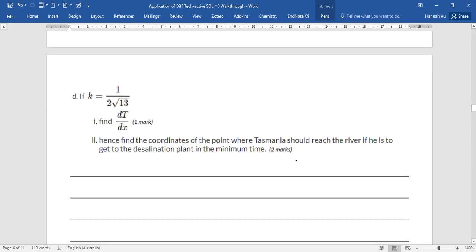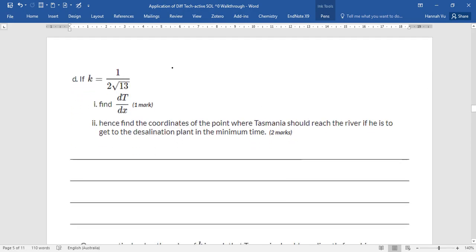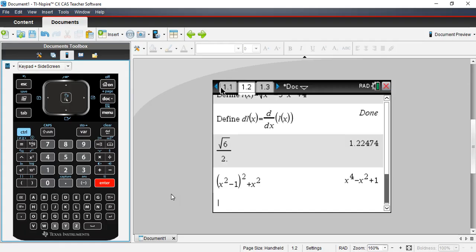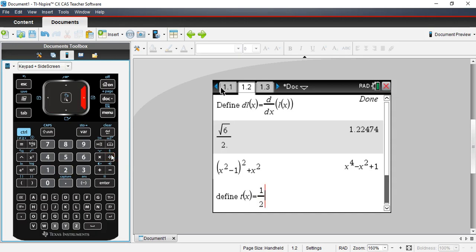Alright, and then some other maths we have, if k equals 1/(2√13). So what I'm going to do is define t in the CAS. So we define t of x as a half, and you don't want to use 0.5 in this case because it is going to give you decimal answers, which may still be in exact form, but still.